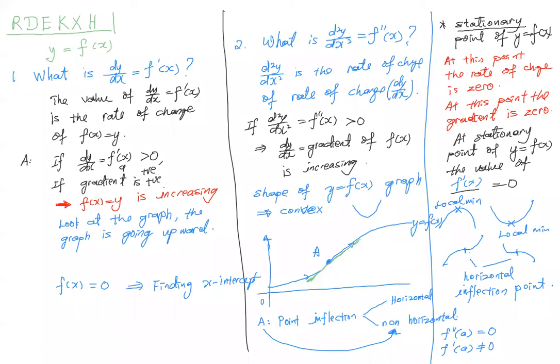Because it's non-horizontal, so it's not equal, and then the curve is going up. It's positive. Okay. So it cannot be smaller than. Yeah. So if you say like that, you won't get the mark. Do you know why? The important thing is because you have to mention the reason.